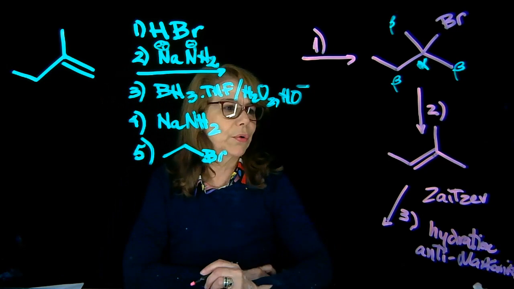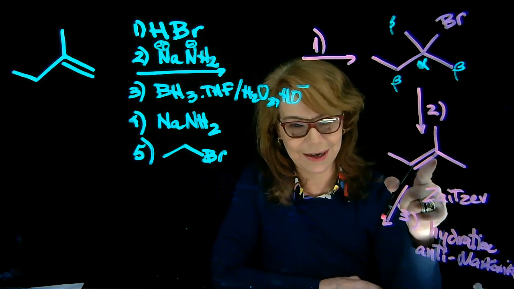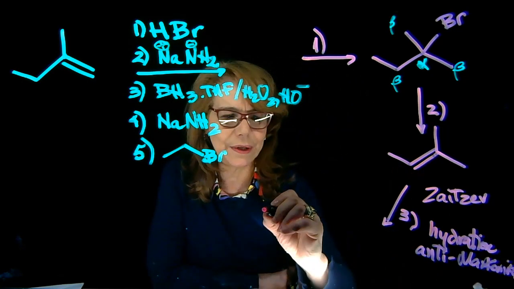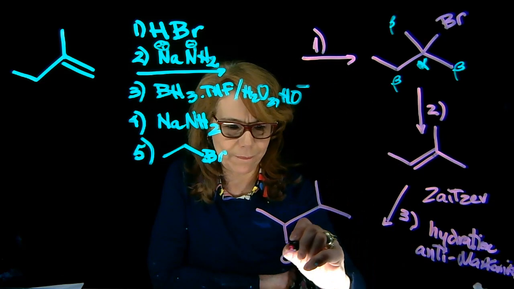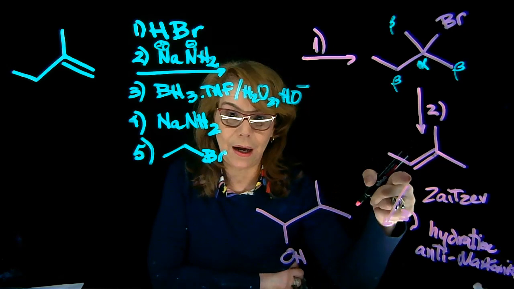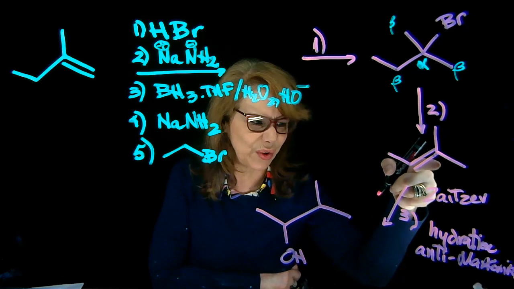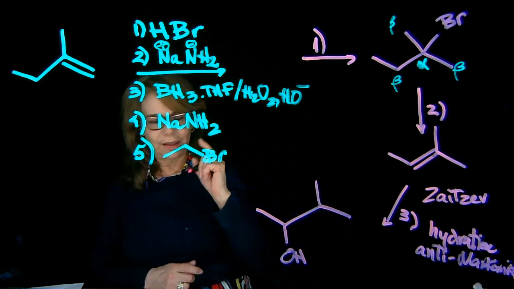So what is it that we're doing? If it is anti-Markovnikov, you're going to have the H at the more substituted and the OH at the least substituted. So we're going to get the following alcohol. Again, OH at the least substituted, H at the more substituted, anti-Markovnikov fashion. So that is the alcohol that we're forming.